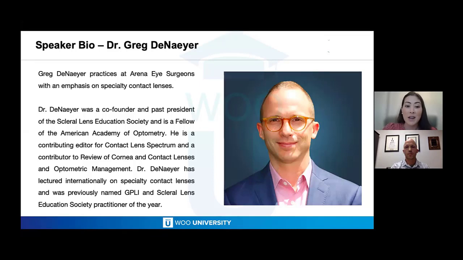He has been practicing at Arena Eye Surgeons for over 19 years with an emphasis on specialty contact lenses. He is the co-founder and past president of the Scleral Lens Education Society and also a fellow of the American Academy of Optometry. Dr. Denayer is an internationally recognized contact lens specialist, and he has delivered many different lectures and workshops at over 70 conferences.